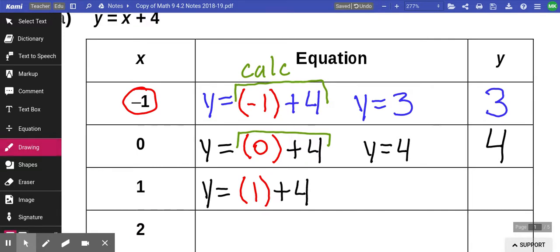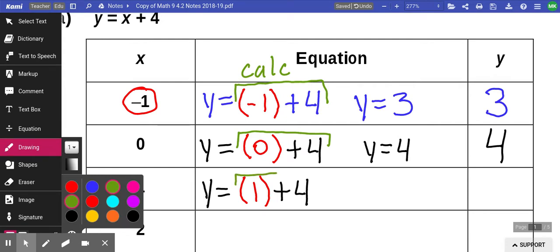I try to really color code my algebra so that you can see it. So things that I change, I typically do in red. Things that I don't change stay in black. So you'll notice the only thing that changed here was the value of x. Then I put this in my calculator. I go 1 plus 4, I get my y value of 5.